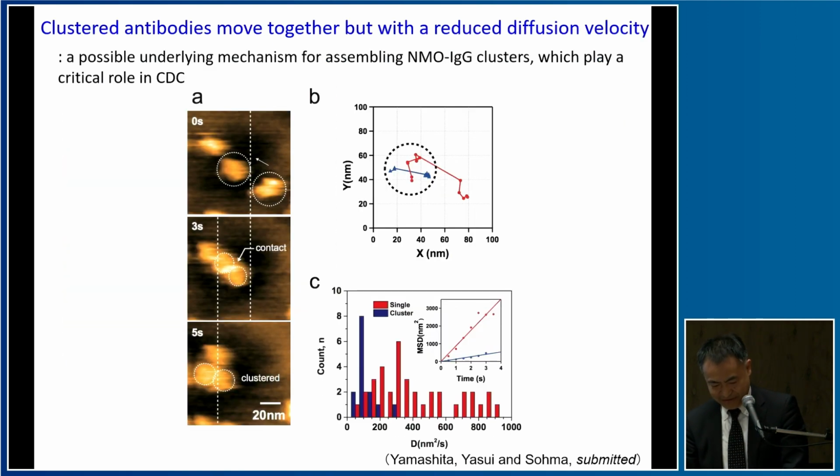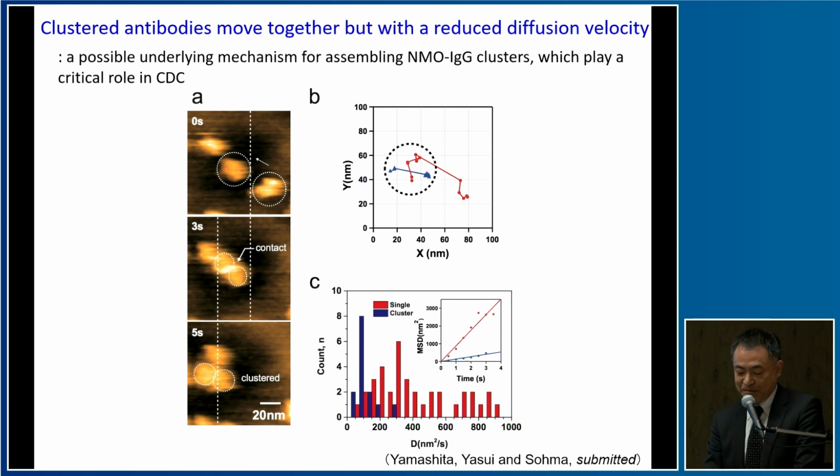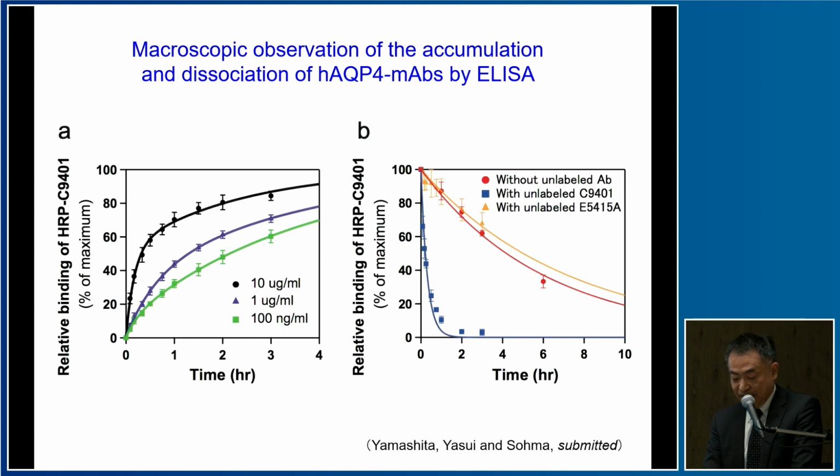Once they make the complex, they don't move around. And the IgG complex can be recognized by the complement much more easily. So this is the initial event, we believe, of CDC, complement dependent cell death.